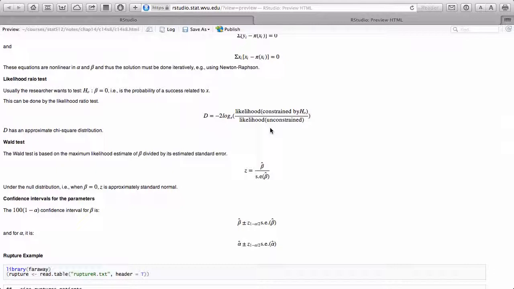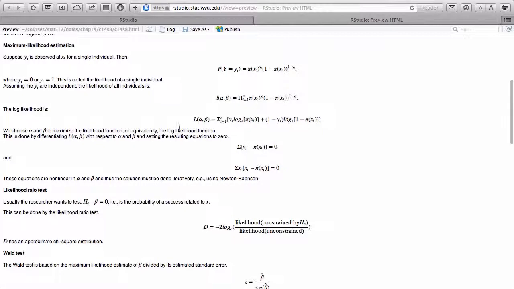At any rate, in a statistical sense, we have a log likelihood, and we choose alpha and beta to maximize the likelihood function, or equivalently, the log likelihood. That's an optimization problem. Now, I showed you an optimization problem last time where you had a polynomial regression.